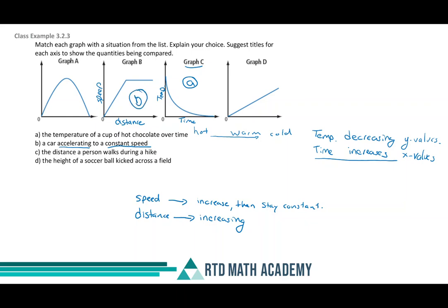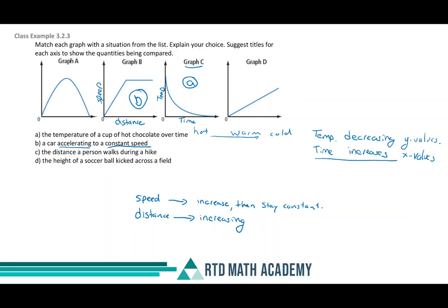Question C, the distance a person walks during a hike. Well, that one could be either. If this hike is circular or if it's just going to keep going, we're not sure. Next, the height of a soccer ball kicked across a field.